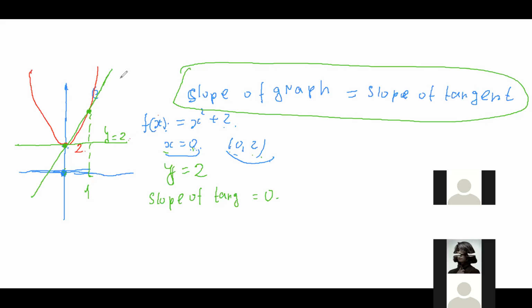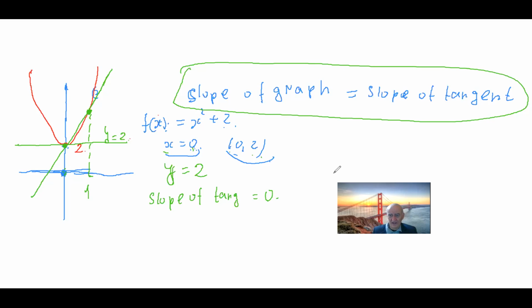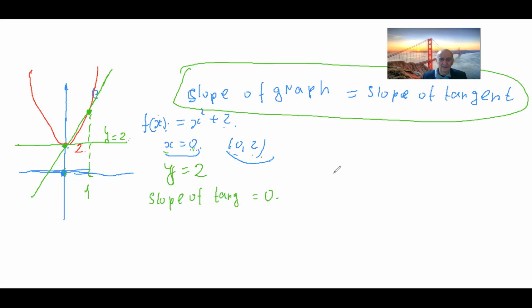So I passed this tangent line, and now I want to find the slope of the function, and this is the same as the slope of this tangent line at the point x equals 1.